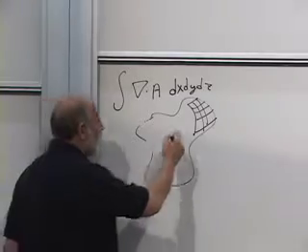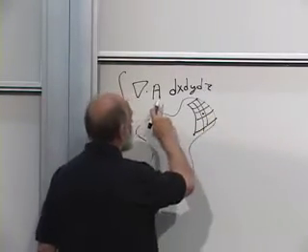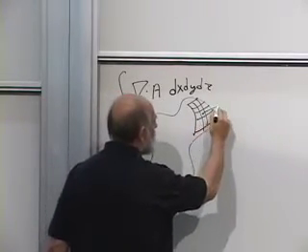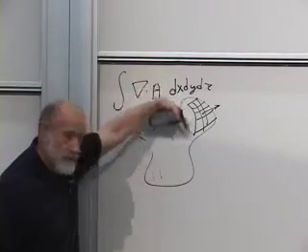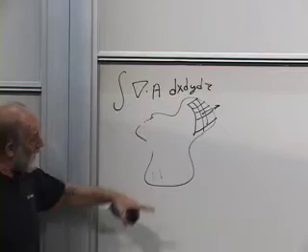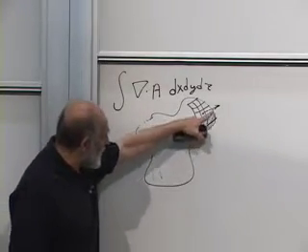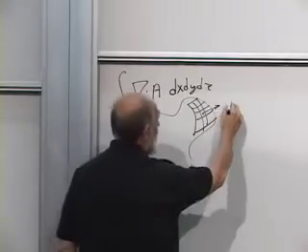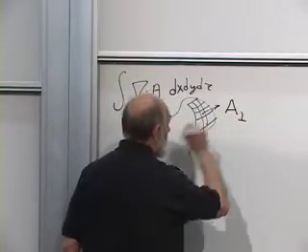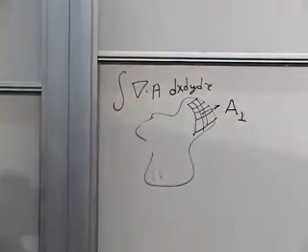In each cell, the field A has a component perpendicular to the cell. It may also have components parallel to the surface, but A has a direction perpendicular to the surface. Let's call that A perpendicular, or the component of A sticking out of the surface.